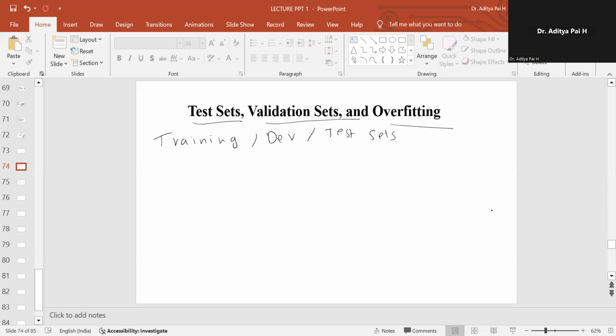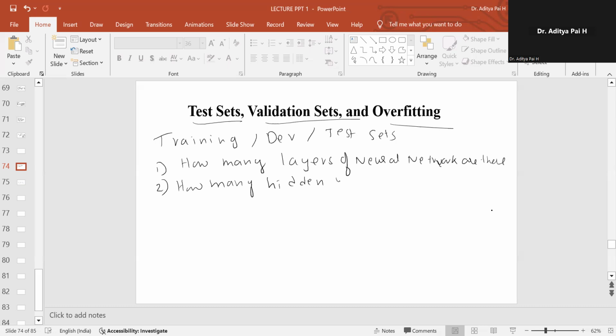While training a neural network, we first have to check how many layers of neural network there are. The second thing is how many hidden units a neural network should have.